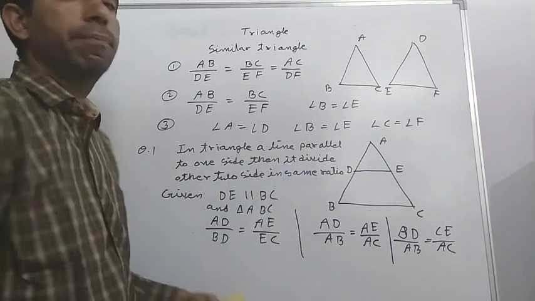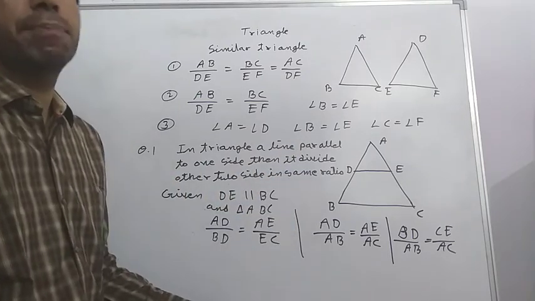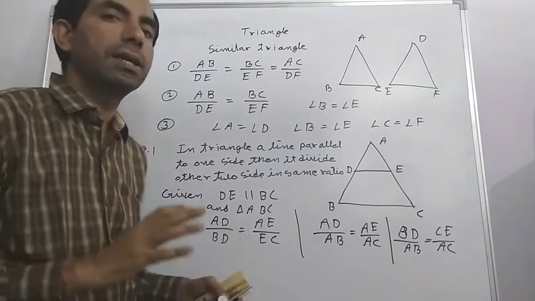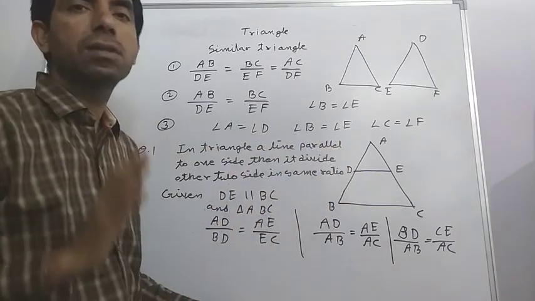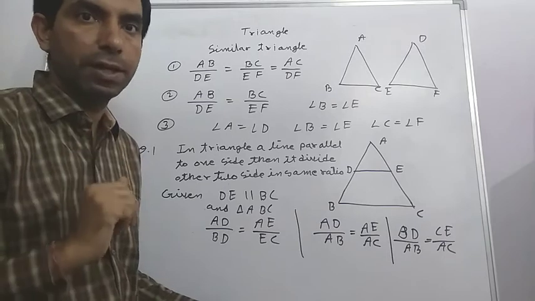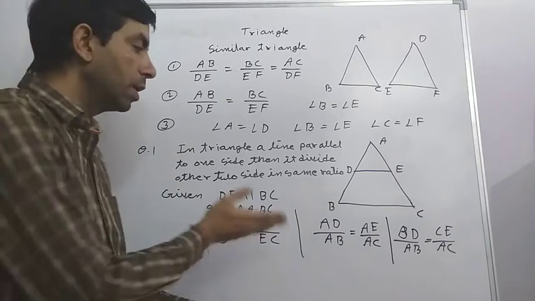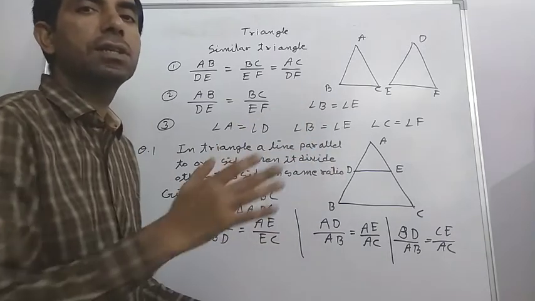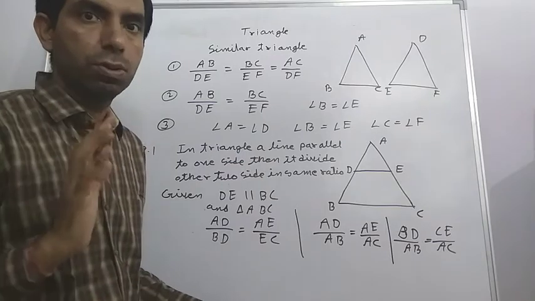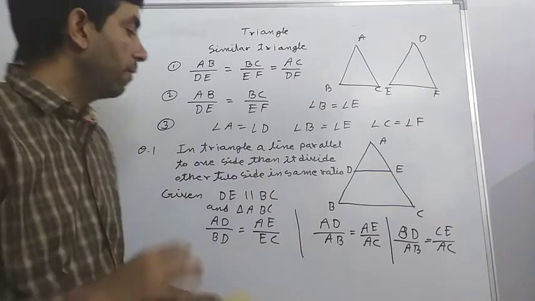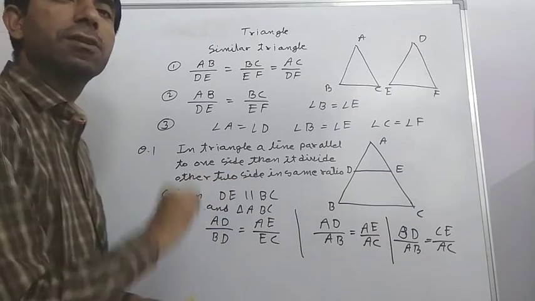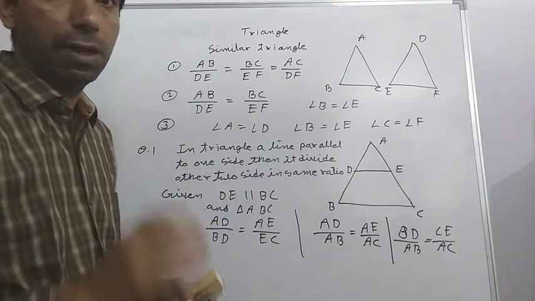So these three types of ratio represent the side ratio being equal, and the inverses of all three are also side ratios. Today we have to prove any one of these.